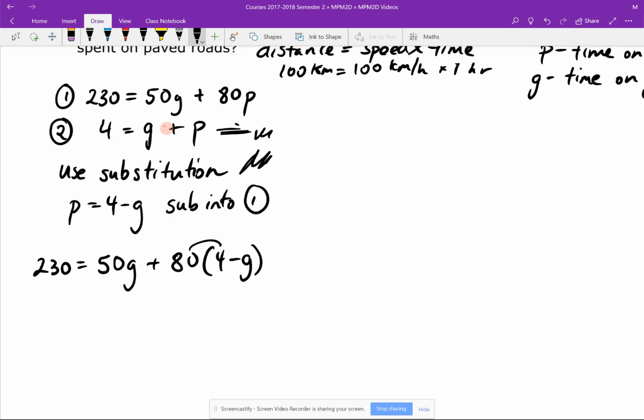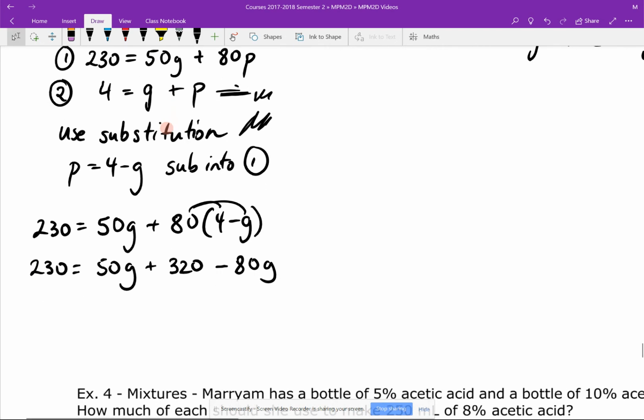I'm going to expand. If I expand this, I get 230 equals 50G plus 80 times 4, which is 320, minus 80G. Then if I collect like terms, 50 minus 80 is negative 30, so negative 30G.